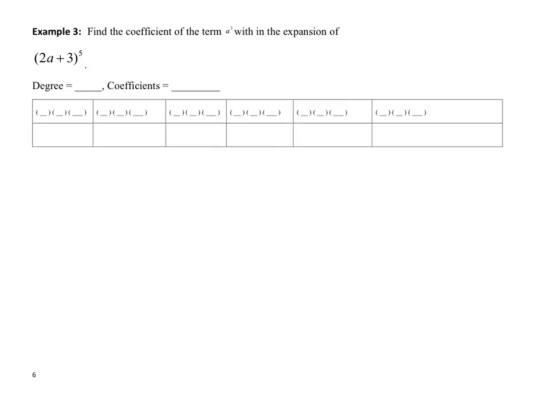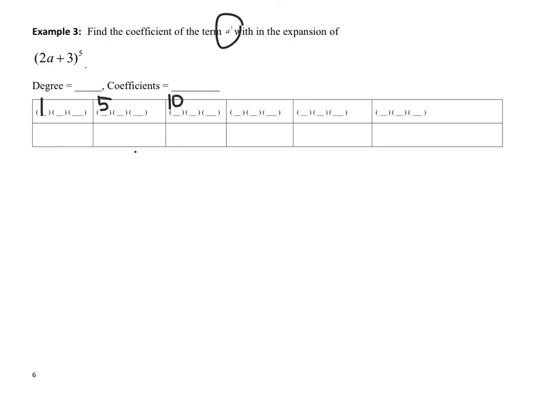So for this example, I need to find the coefficient of a cubed. So I actually don't need to work everything out. I just need to know the coefficients. Like this is going to be 1 from the table. This is going to be 5. And this is going to be 10. See, this is a. This is going to be a to power 5, to power 4, to power 3.